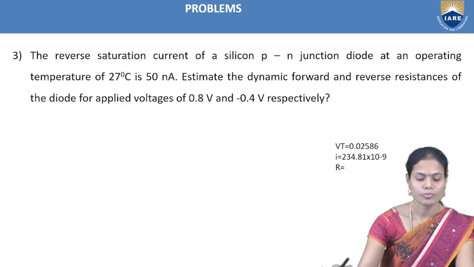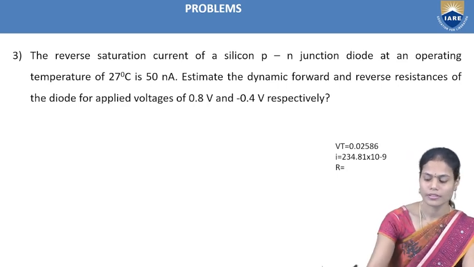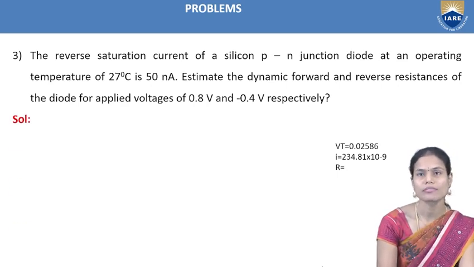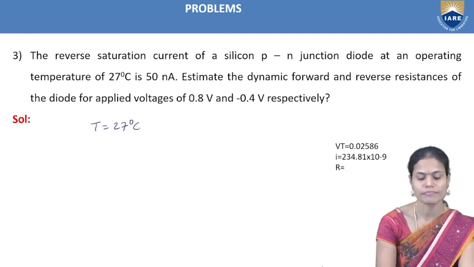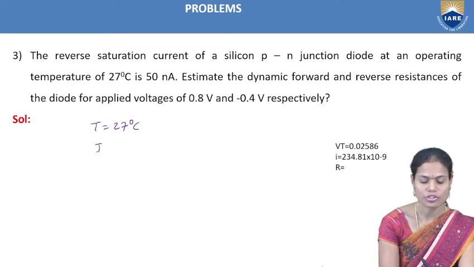And we're coming to the next problem. The given problem is: the reverse saturation current of a silicon PN junction diode at an operating temperature of 27 degrees Celsius is 50 nanoamperes. So the reverse saturation current I naught equals 50 nanoamperes.